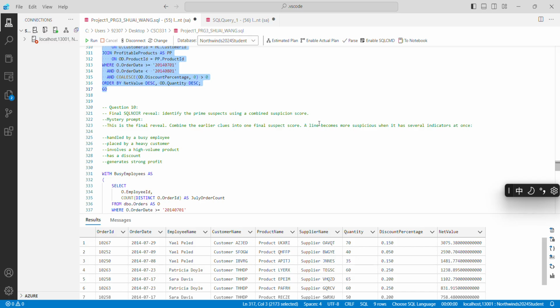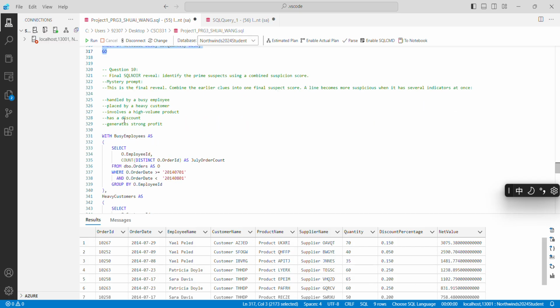The line becomes more suspicious when it has several factors at once: handled by a busy employee, placed by a heavy customer, includes a high volume product, at a discount, with a strong profit.